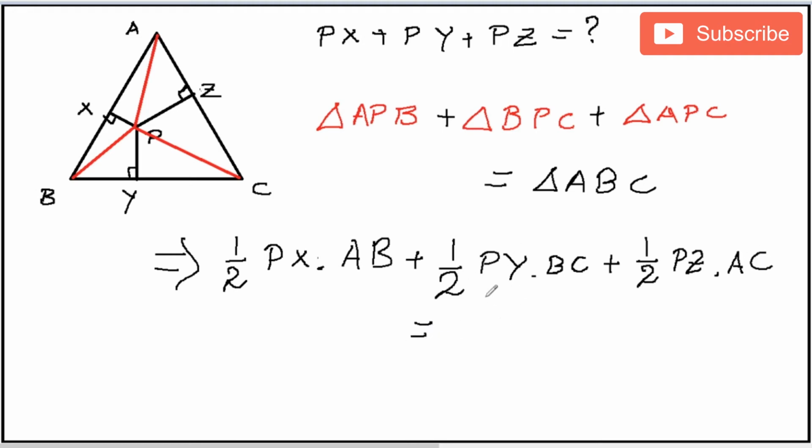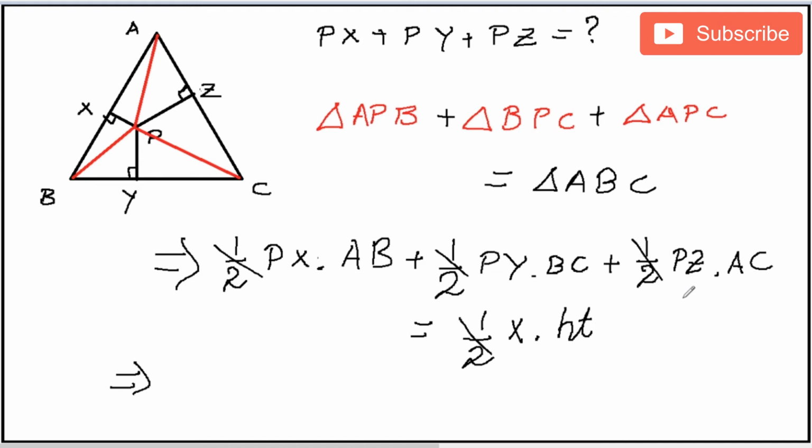And triangle ABC, since it's an equilateral triangle, I can just write this as half into base into height, where the base is just X because all the sides have the length X. So half into X into height is the area of triangle ABC. Now I can take all the halves common and the halves will get cancelled.